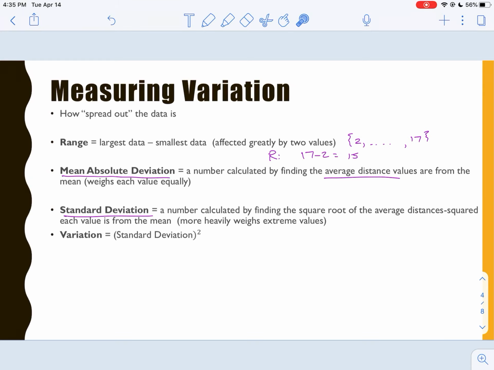It's not exact. There's a formula we can follow. But really the key is that it more heavily weighs those extreme values that are really low or really high. And then sometimes you also hear the word variation connected to measuring variation. When they're using that as a specific measurement, they're referring to standard deviation squared. Okay? So like I said, we're going to focus on mean absolute deviation here.